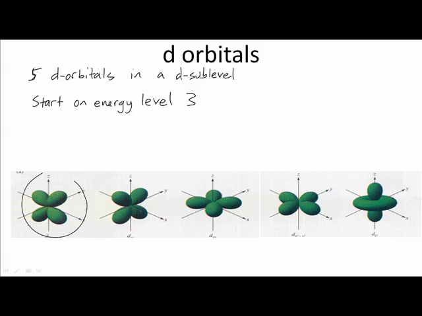So in this class, we probably won't use these shapes very much. The s orbital and the p orbital, I'd like you to know their shapes. We use those a little more when you're talking about bonding. s and p orbitals get involved a lot. D orbitals get involved when you're talking about transition metal bonding. We don't do that a ton in this class, so these shapes aren't that important to you.